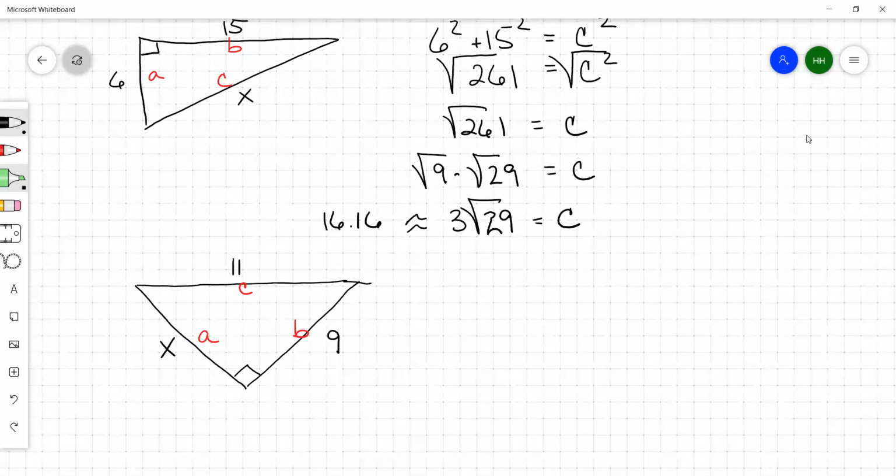So your a squared plus 9 squared equals 11 squared. And now a little shortcut. This is a lot easier.